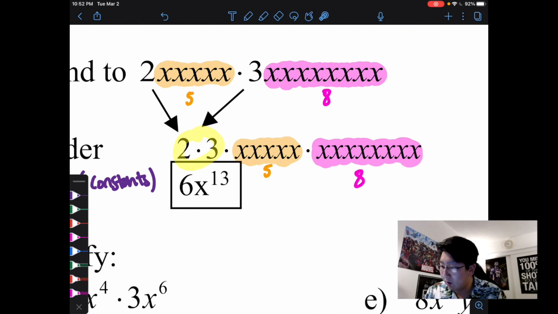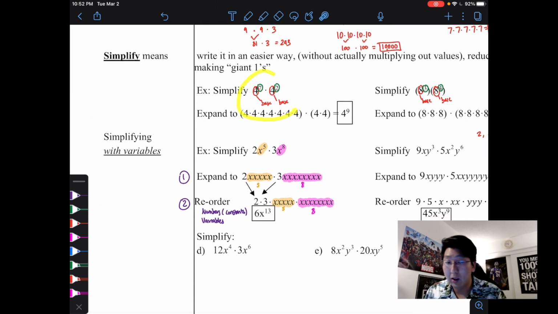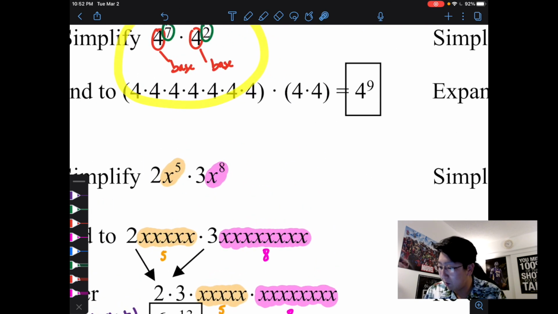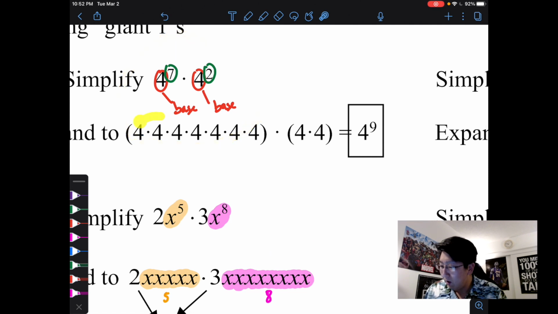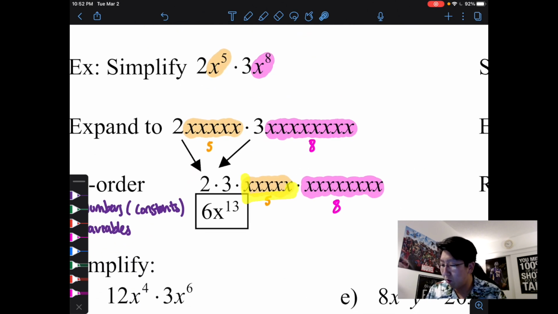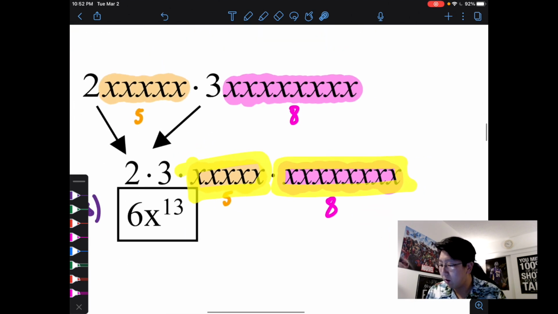Then all I need to do is multiply. I multiply the numbers: 2 times 3 is 6. And right here I can simplify using the same concept from earlier: 4 to the 7th times 4 to the 2nd gave a total of 4 to the 9th. So here, x to the 5th times x to the 8th. How many x's do I have total?